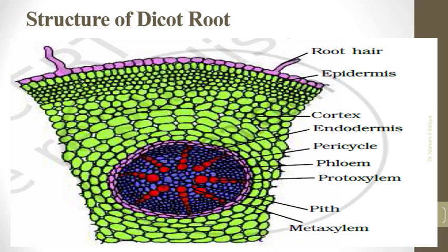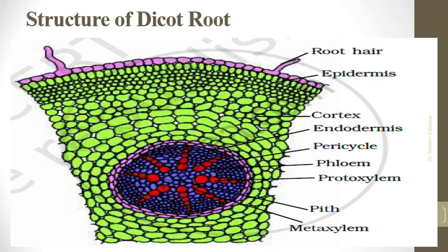Next is structure of dicot root. Dicot root also has an epidermis layer, a single layer composed of thin-walled cells which is not cutinized, and some of the epidermal cells give rise to root hairs as in monocot root.